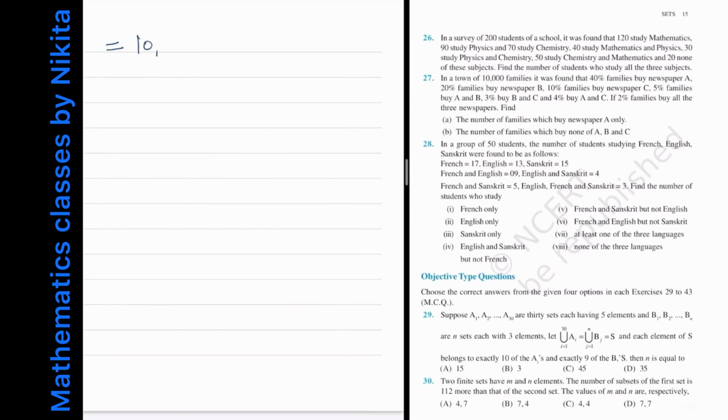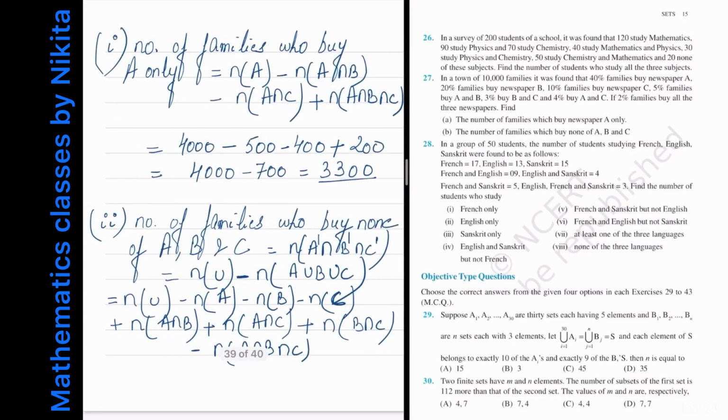N of U is 10,000, then minus n of A is 4,000.